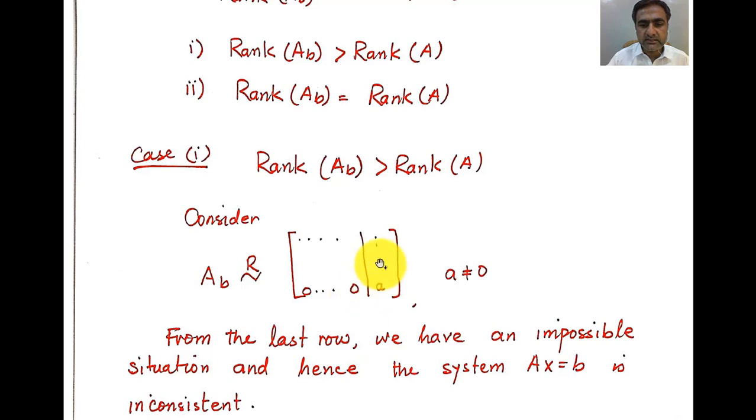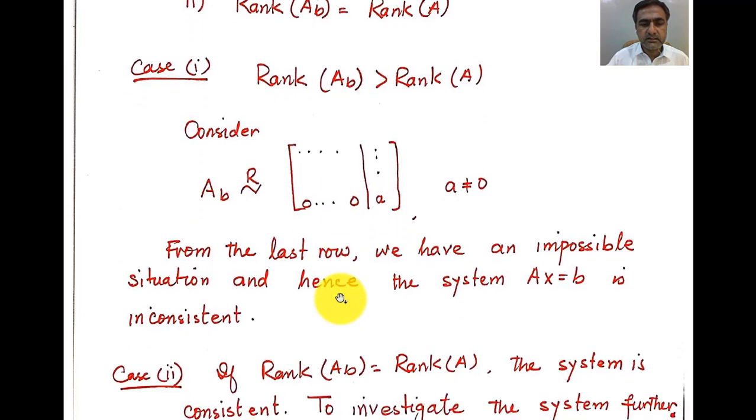In this case, the rank of [A|b] is at least 1 greater than the rank of A, because we can see that there is a full row of zeros in A, whereas in [A|b] this is not a zero row.